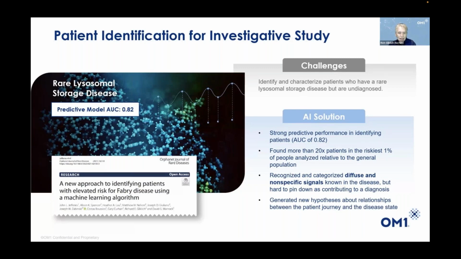And what we do is apply it against the entire database of patients of the health system, identify ones in the higher echelon of risk for the underlying disease, and then have those patients enrolled in a study which confirms the presence of the disease through enzymatic and genotype testing.